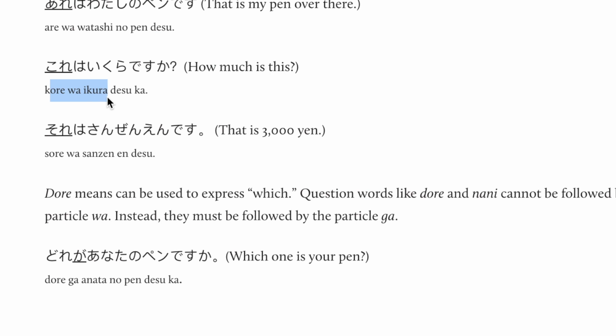Okay, let's check this out real quick and then we'll wrap up the episode today. これはいくらですか？それは3000円です。 3000. That's not right. 3,000 yen. 3000円。 Okay.